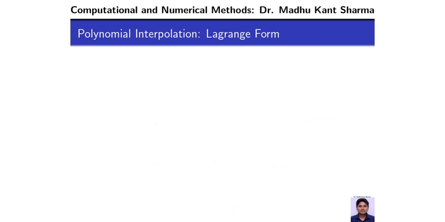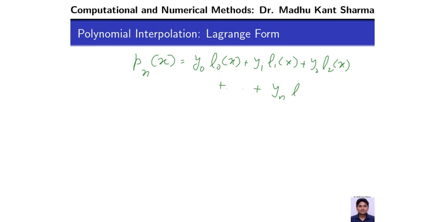Note that y0, y1, y2, up to yn are the ordinates, and Lj of x are polynomials of degree at most n and depend only on the nodes, meaning x0 to xn.